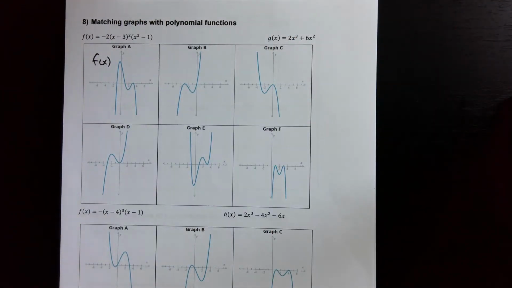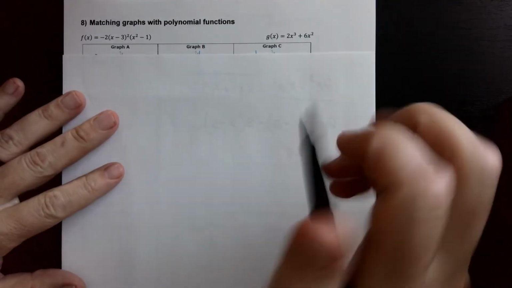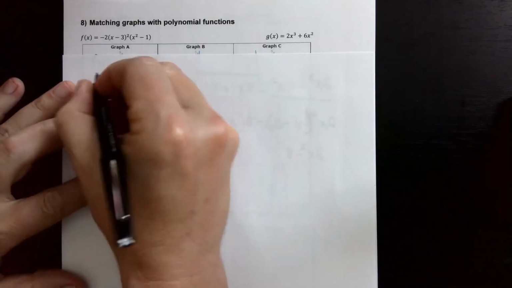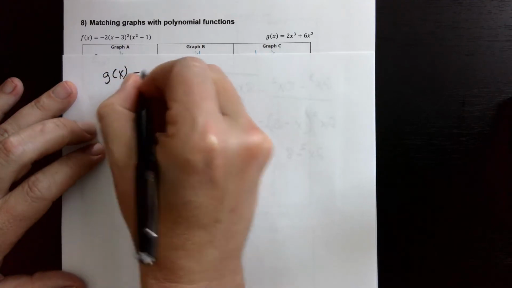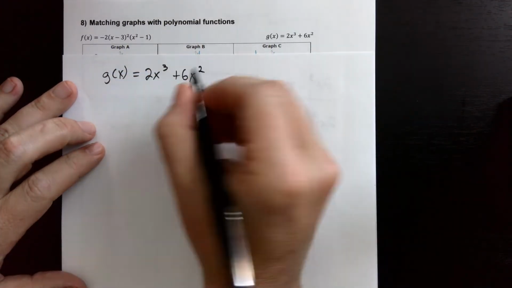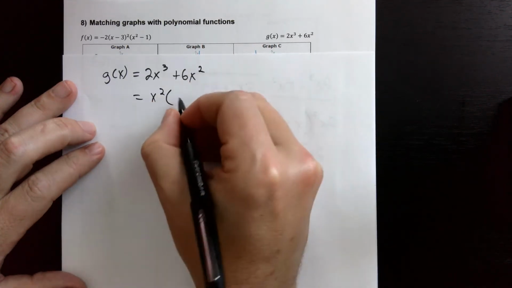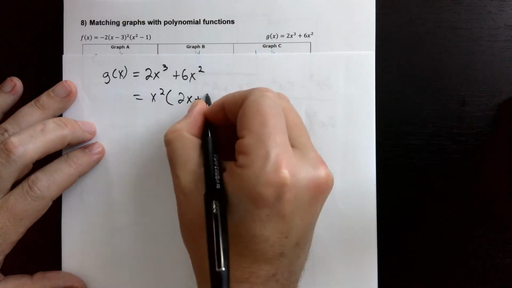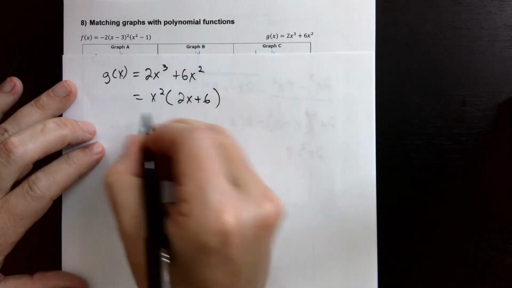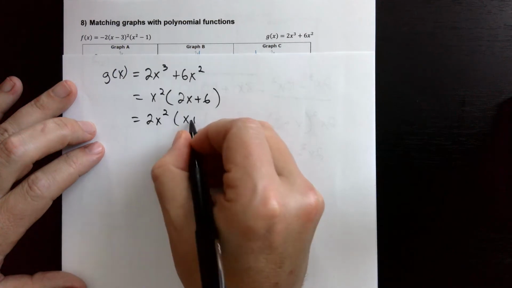Okay, let's take a look at the other one. We have over here g of x is equal to 2x cubed plus 6x squared. If we factor out an x squared, that would leave us with 2x plus 6. We could also factor out a 2, so 2x squared would give us x plus 3.